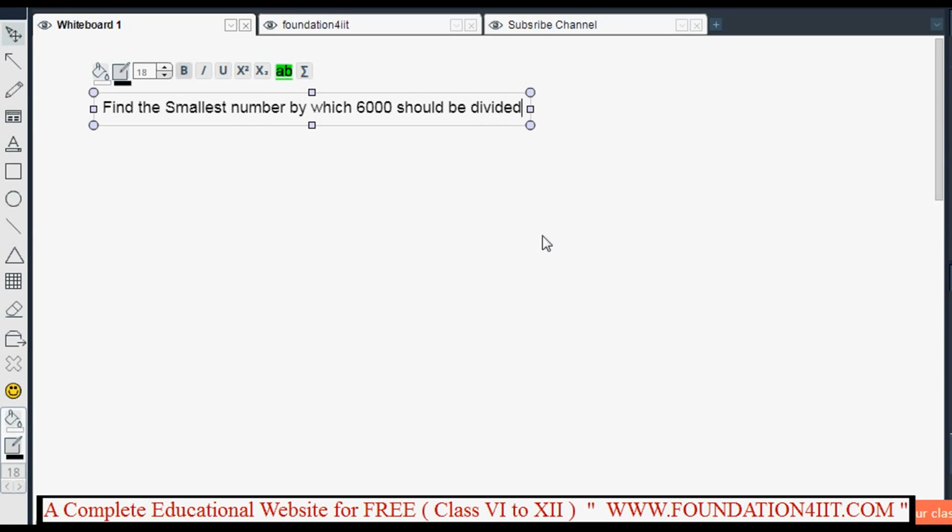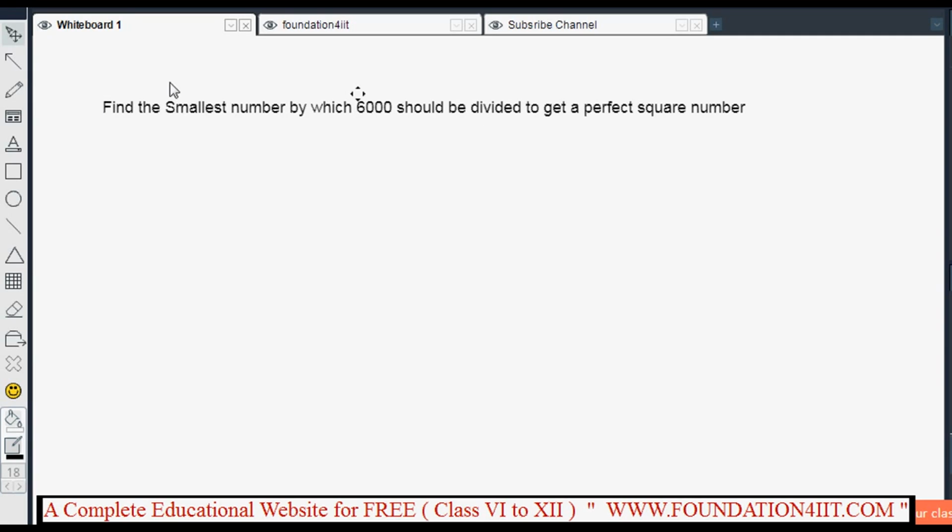So the previous problem was what should you multiply. Now it is divided to get a perfect square. And we'll find out the perfect square number obtained and find the square root of that number also.